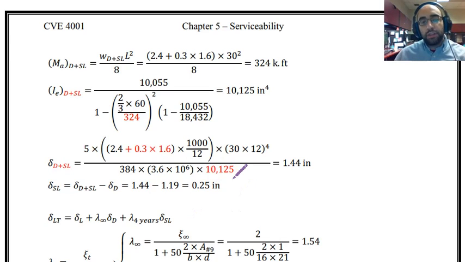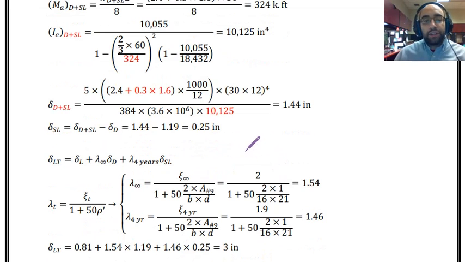Putting the loading and also the effective moment of inertia, we can see the deflection because of dead and sustained live load is equal to 1.44 inches. Now if I want to know the deflection just because of sustained live load, I have to subtract the deflection because of dead load, and that will be the value for me to find the long-term deflection.